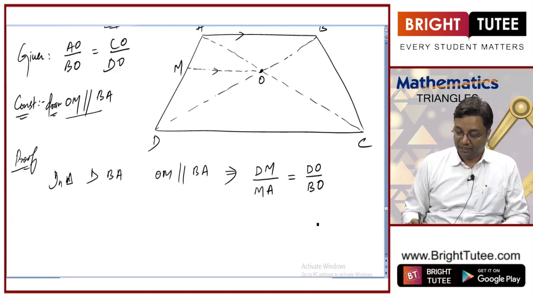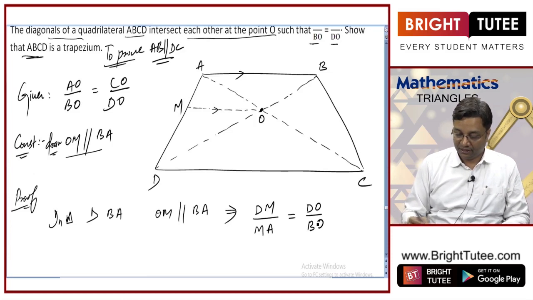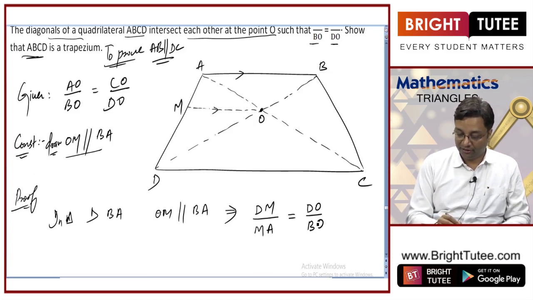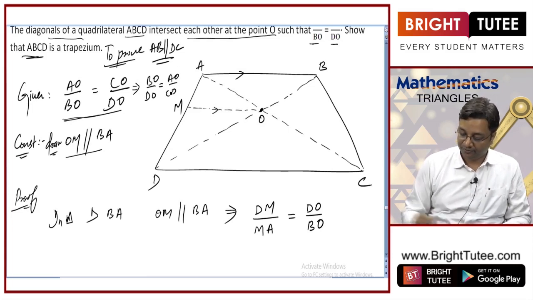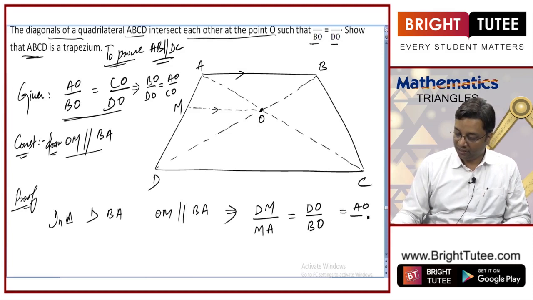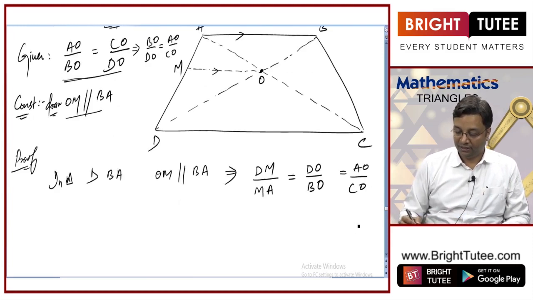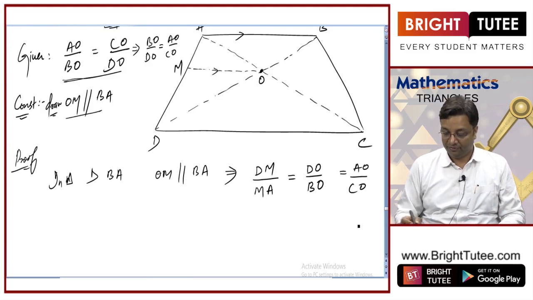Okay. Another result that I am going to use here is this one. Now, from this, BO by DO is equal to AO by CO. I am doing this in brief.